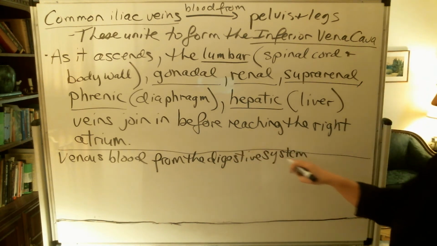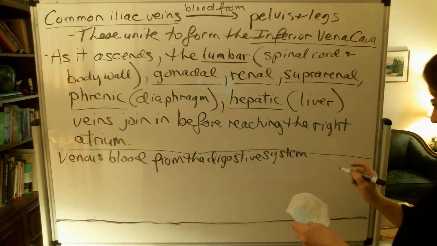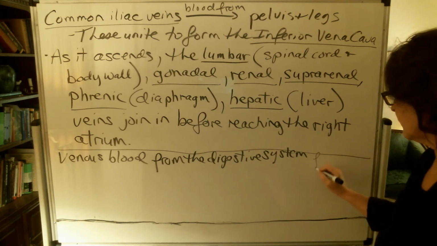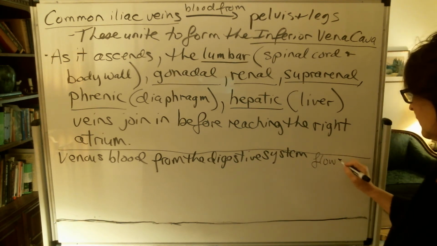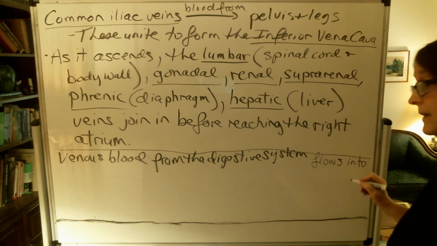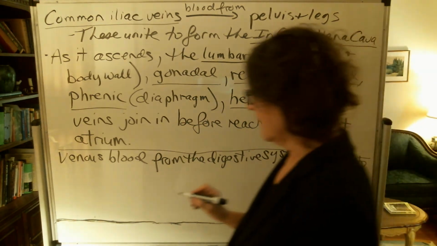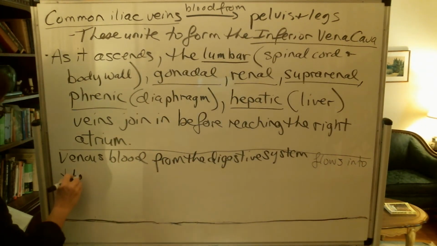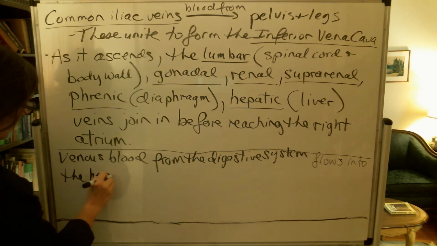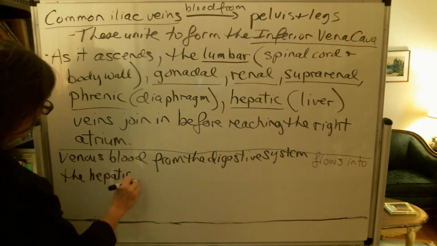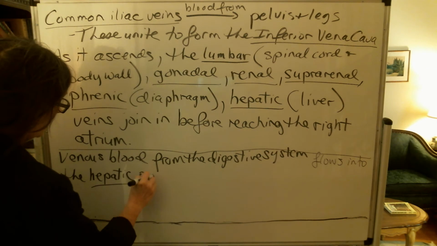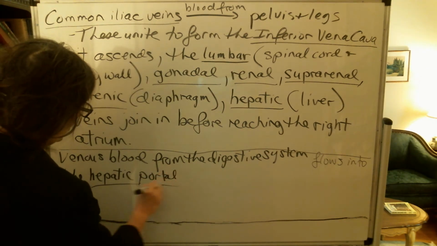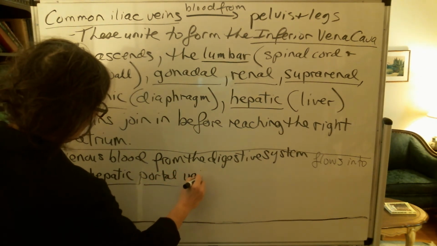So the venous blood from the digestive system flows into a different place. It flows into the hepatic portal vein.